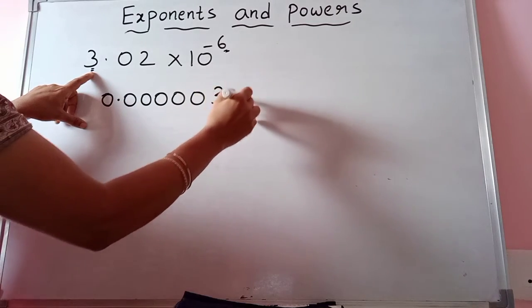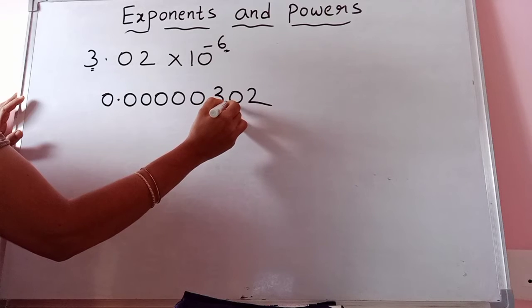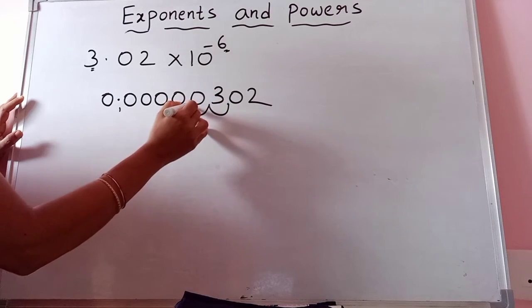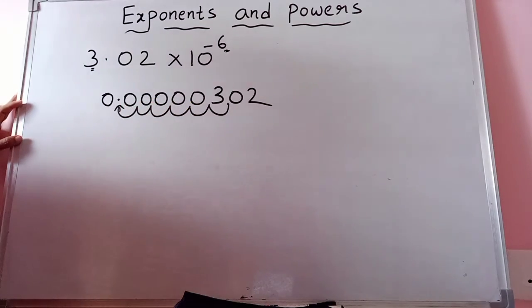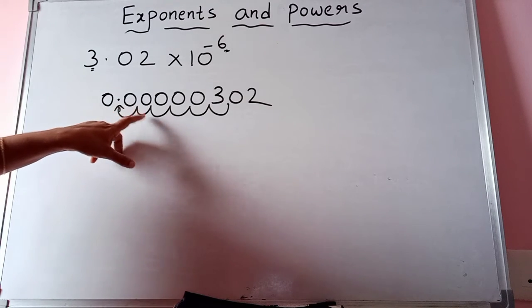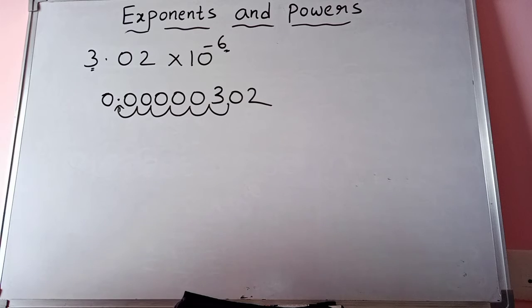That is 3, 0, 2. Here we shifted the point from here to here. How many places did we shift? 1, 2, 3, 4, 5, 6 places we shifted. Therefore, the usual form of this number is 0.00000302. Okay, I think it is clear.